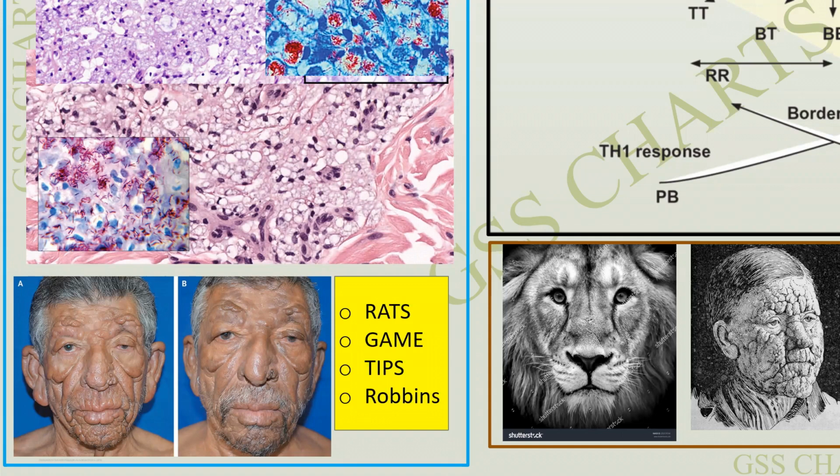The bacilli get located in the cooler parts of the body, and one area is the nares, the nasal septum. So in this case, there is a collapse of the bridge of the nose, leading to what is called a saddle nose deformity. There is also a thickening of the tragus and the ear lobule. These features resemble a lion, hence it is called leonine facies.